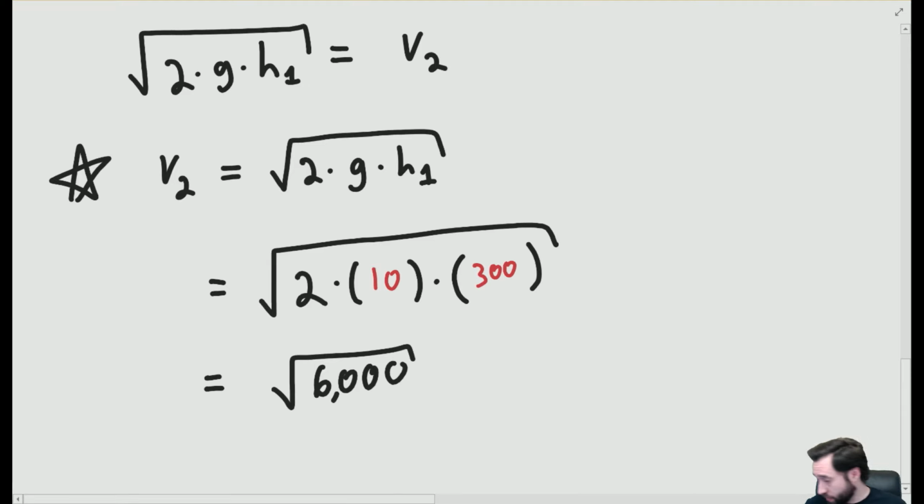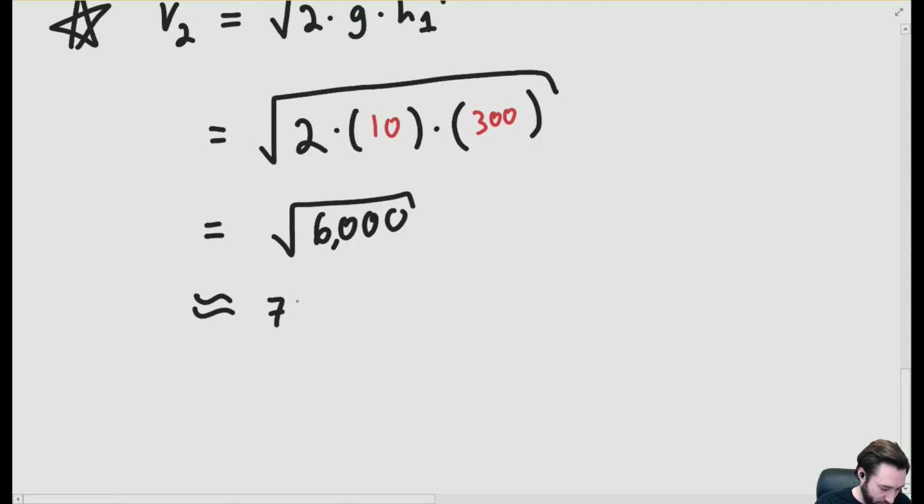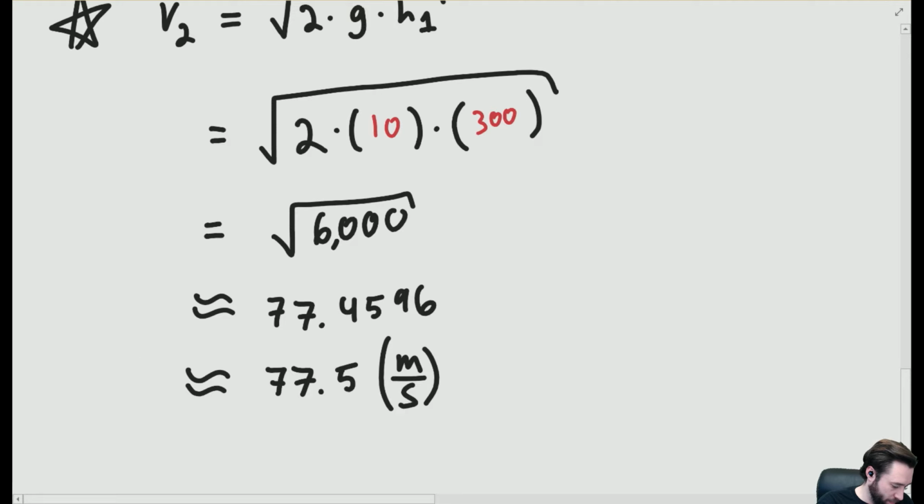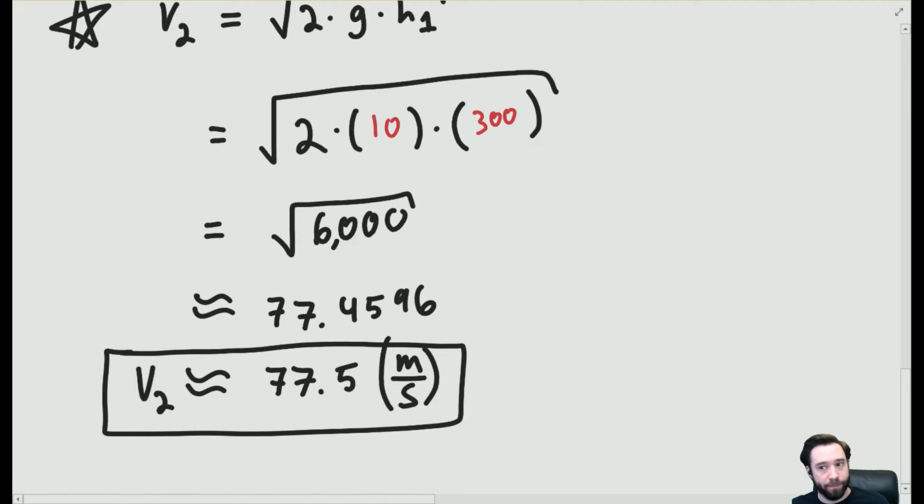And what's the square root of 6,000? I get approximately 77.4596. And if I round to 1 decimal point, that's what I get. Cool.